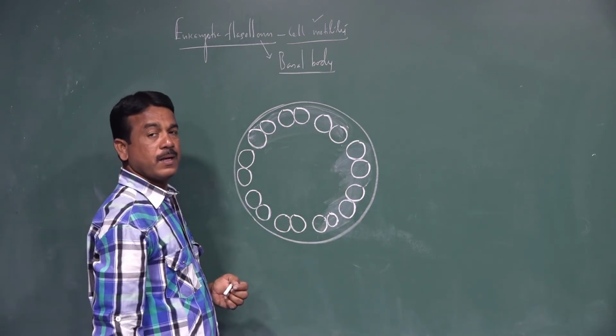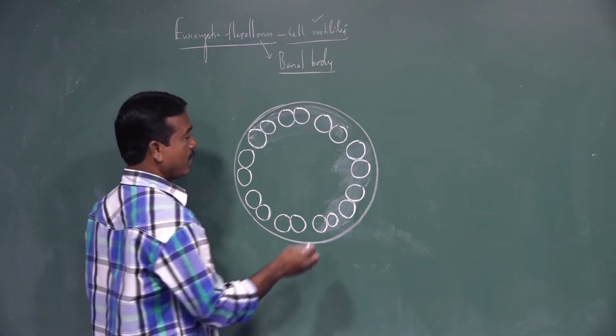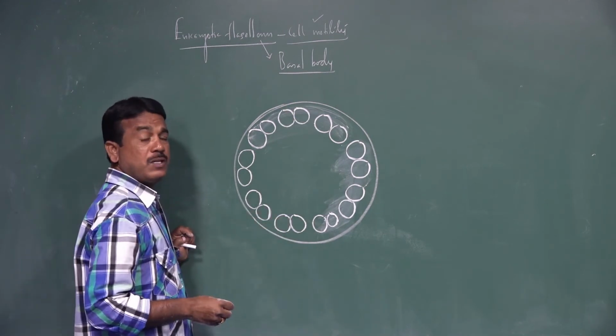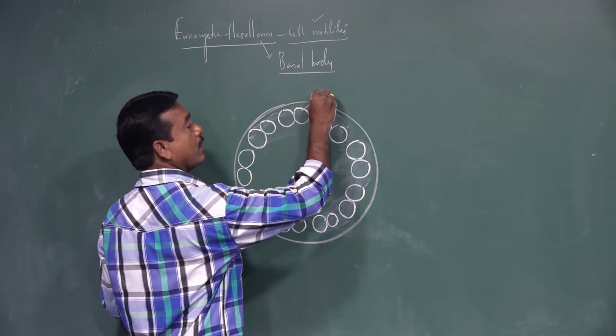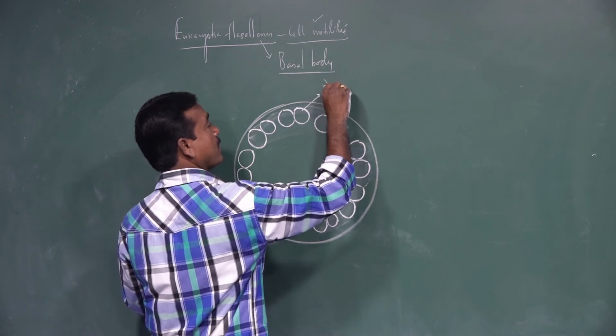There are nine pairs of microtubules present at the periphery, commonly called peripheral microtubules.